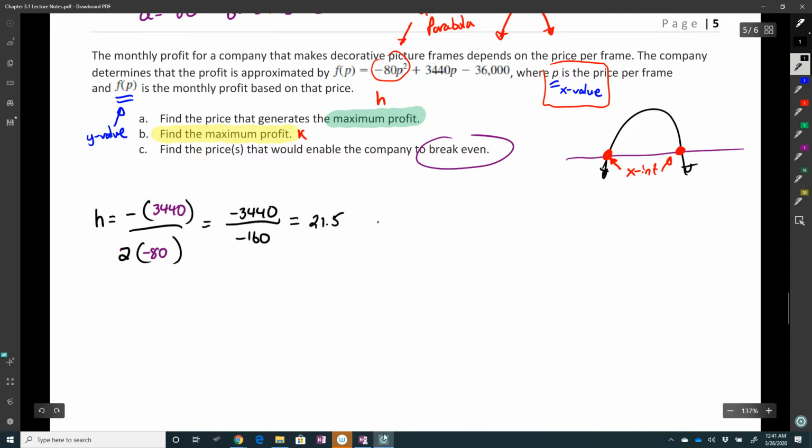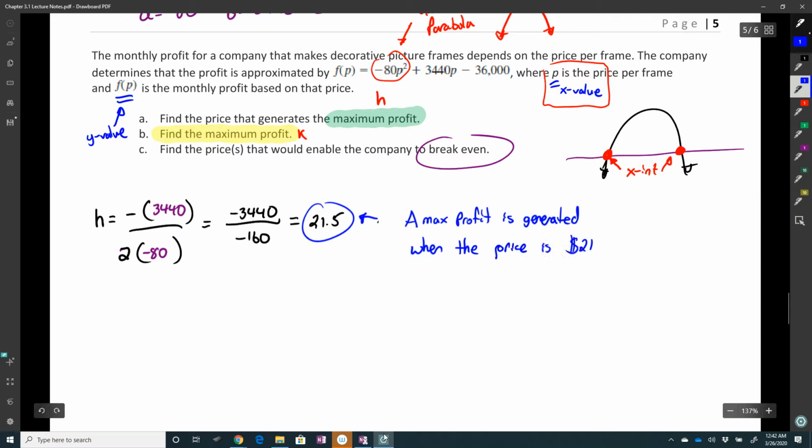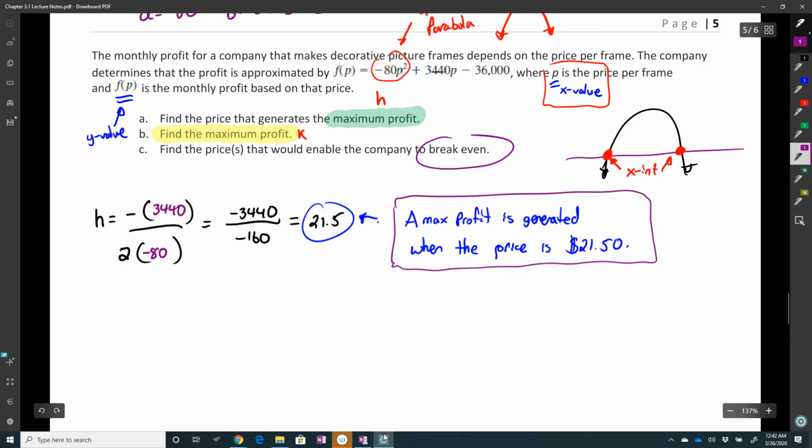And so this is the price that generates the maximum profit: $21.50. So notice we answered part A. So now we can go to part B.